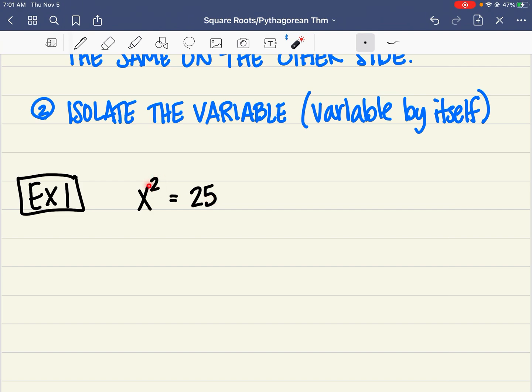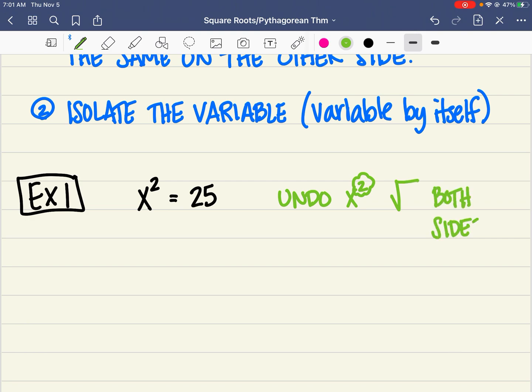And to undo x squared, which is what I'm really focused on is this squared, we have to square root both sides. Okay, so we still want to do this. Whatever we do to one side, we do to the other. But because they're opposites, remember square rooting is the backwards or the opposite of squaring.